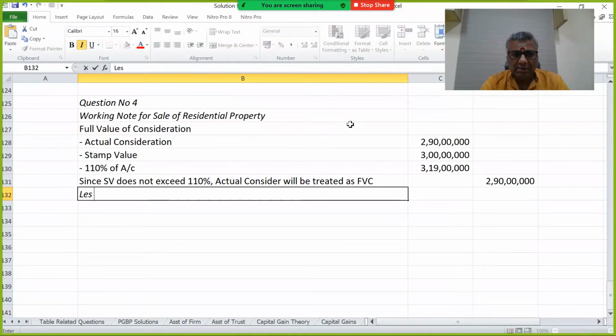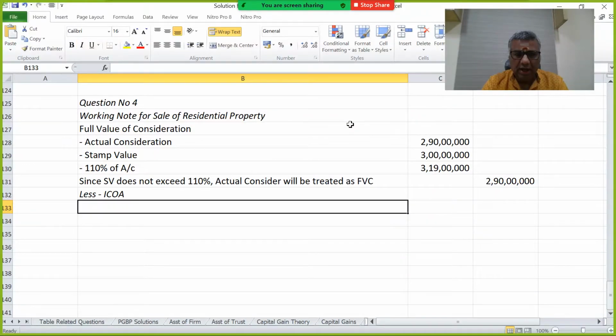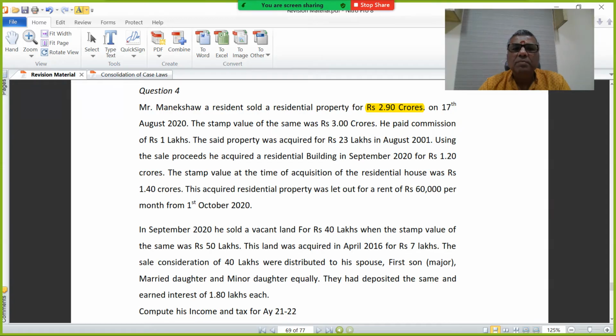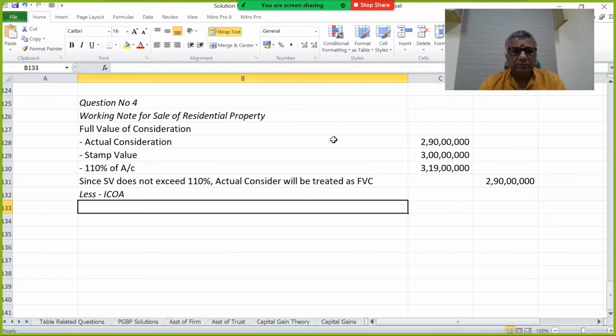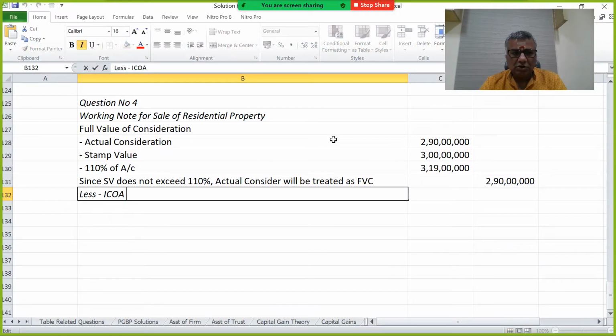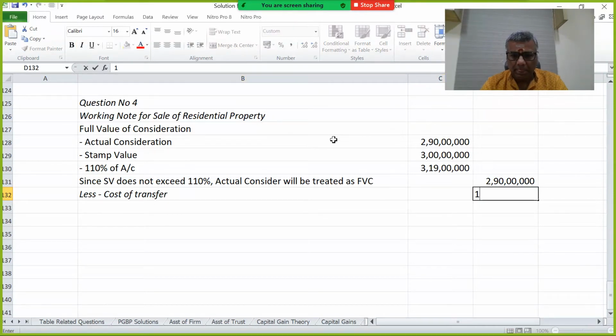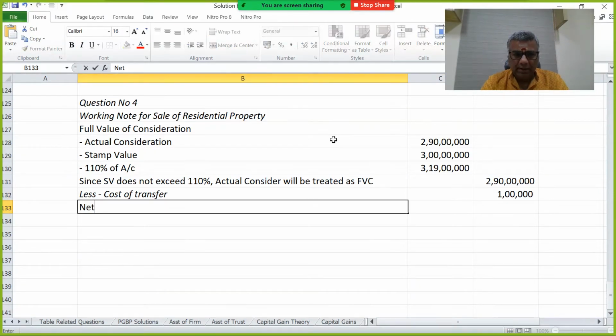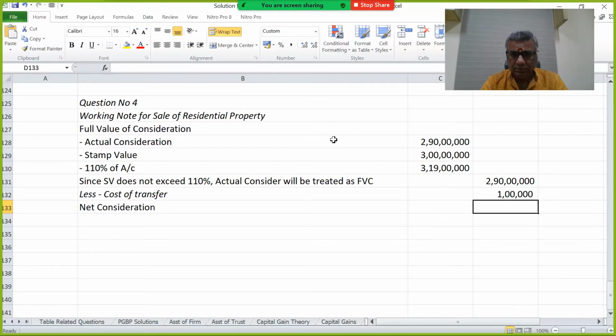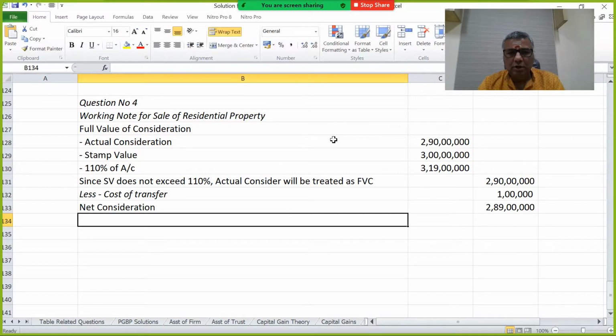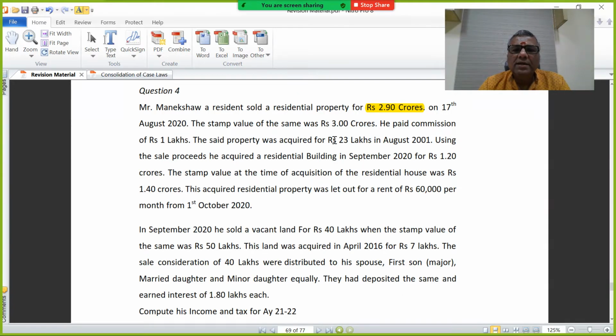Less cost of transfer. He paid commission of 1 lakh. Net consideration, 2 crore 89 lakhs.